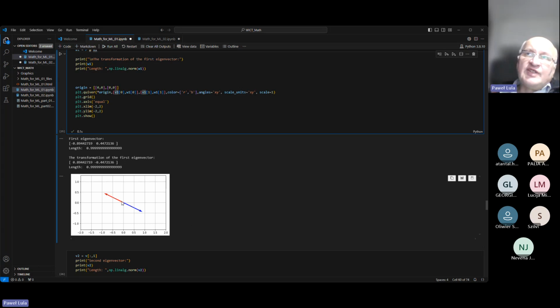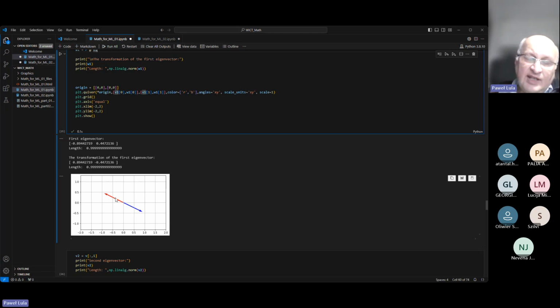So we see that this red vector was transformed in a way which was defined in the P matrix, but this modification is not very big. Because in this example, the result which we obtained lies on the same line. And in this case, also the length of this vector which was produced is the same, because it is equal to 1.